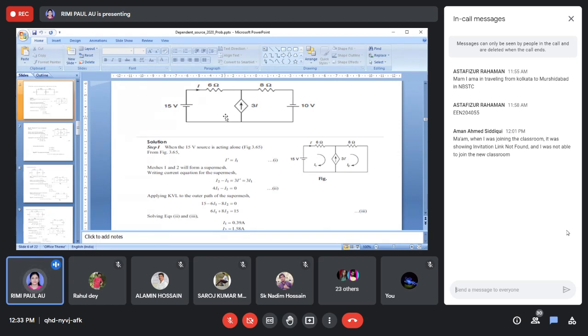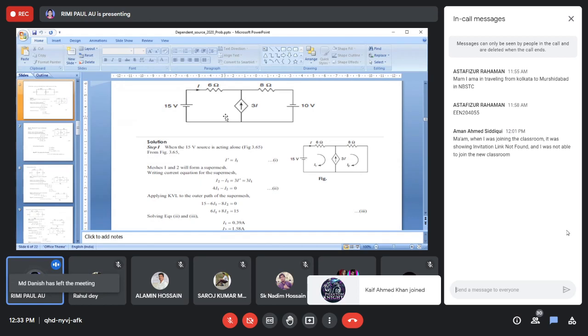Sometimes you have to apply star delta conversion, sometimes current division rule. That's why I solve different kinds of problems in this classroom, so that you can understand which type of problem you have to solve in which way. That is your choice. If it is not mentioned, it is your choice; if it is mentioned, then you are bound to do it.